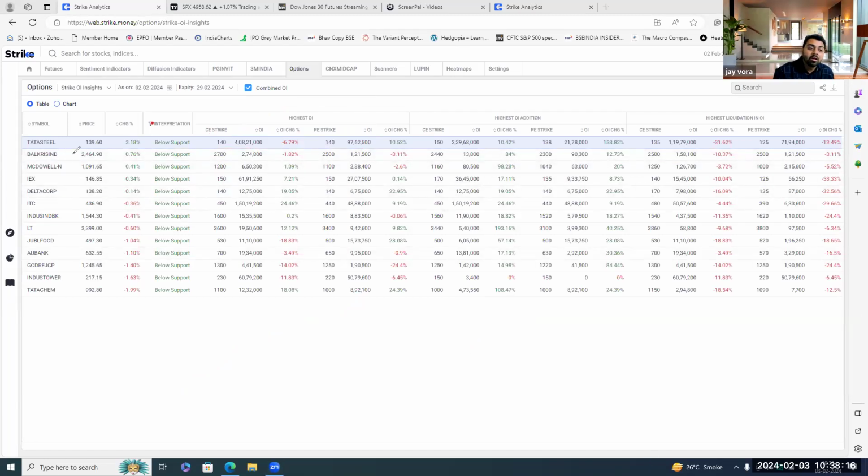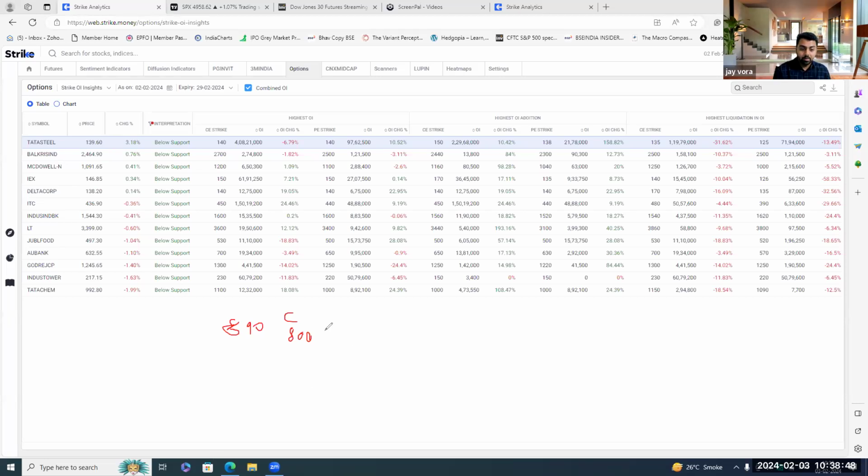But it will be a very, very unusual behavior. And I have seen it, not right now, but probably around 2018 or 19, where IndusInd Bank used to trade at 890 or 990 something, and on the call option, there used to be the highest open interest at 800.